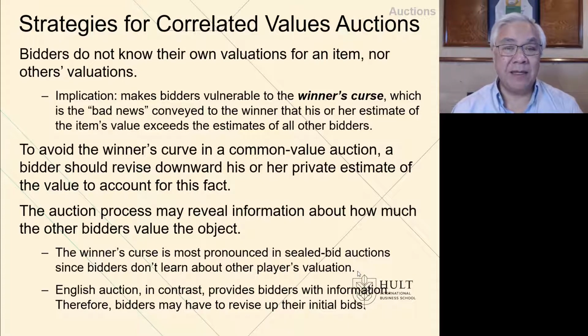If it's seemingly very high demand, hotly contested, you may have to move up your valuation. If it seems fairly lackluster and not particularly interesting to the bidders, you may be able to save some money. So correlated values are very useful if you can watch what they're doing. Otherwise, you're shooting in the blind, and therefore you're vulnerable to the winner's curse.